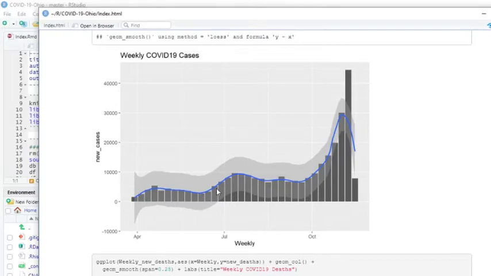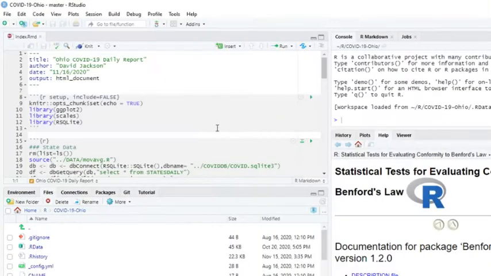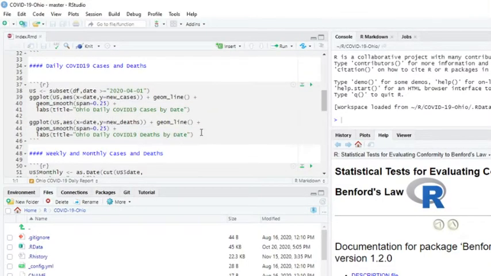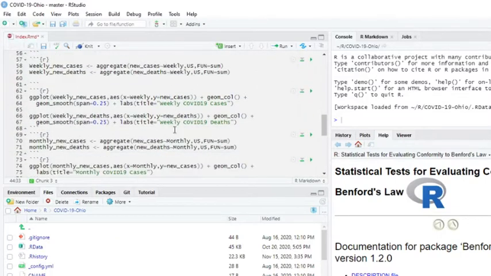Now, if we look at the weekly case, you can see here that let's just do something. Let's get rid of all these.